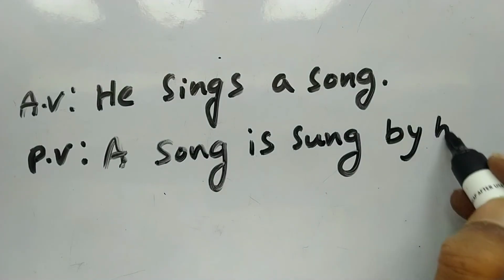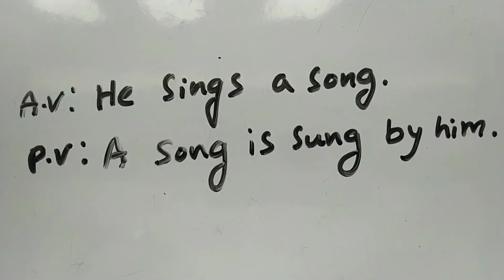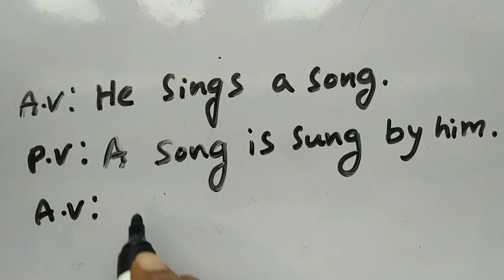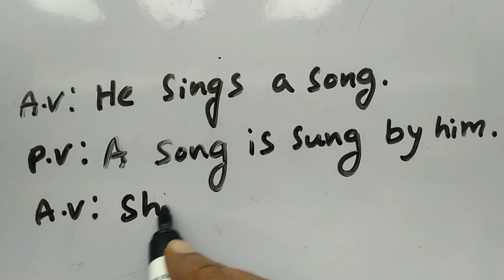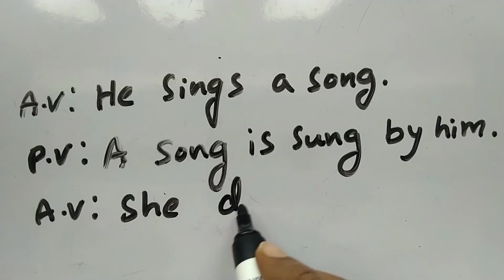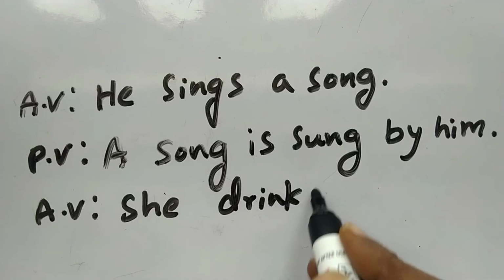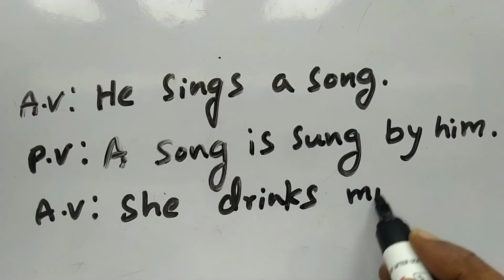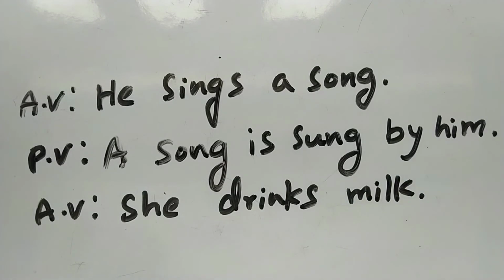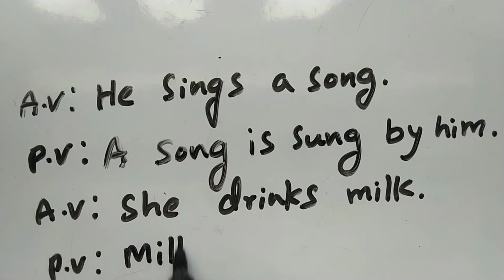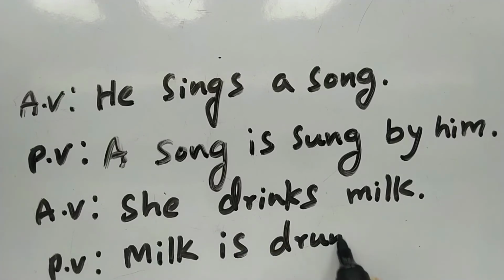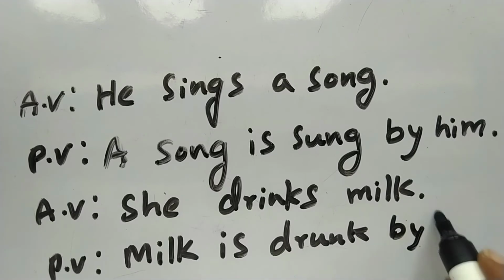He becomes him. Next, she drinks milk. PV: milk is drunk by her.